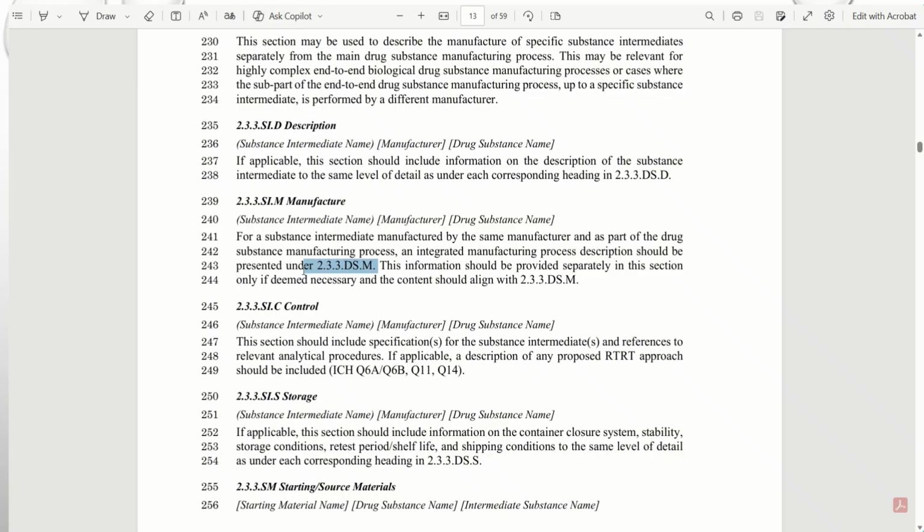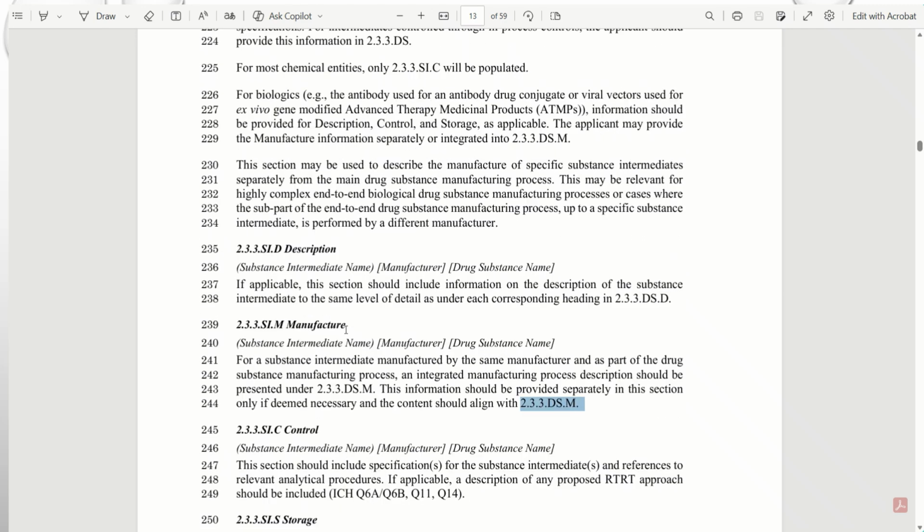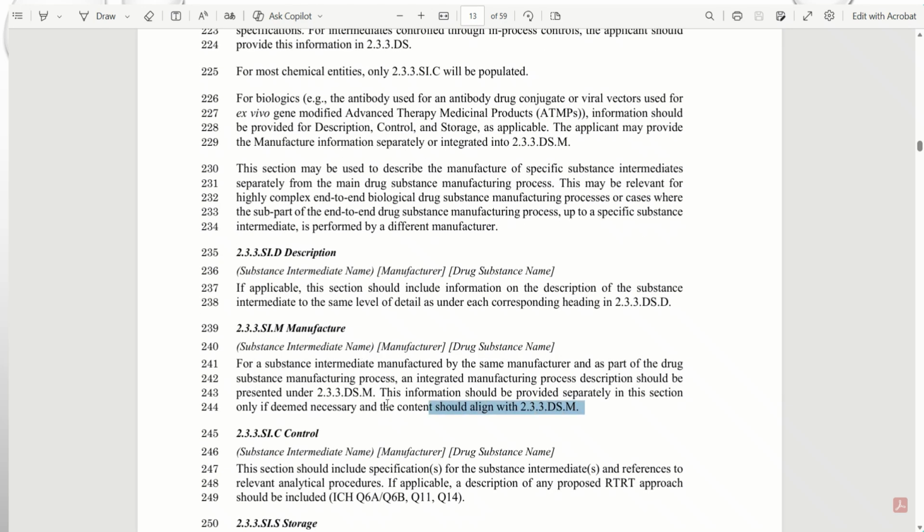This information should be provided separately in this section only if deemed necessary, and the content should align with this drug substance manufacture section. So basically, if you are going to have a separate manufacture section in the substance intermediate, then it should also be in this 233 drug substance manufacture section, and the information should both align.